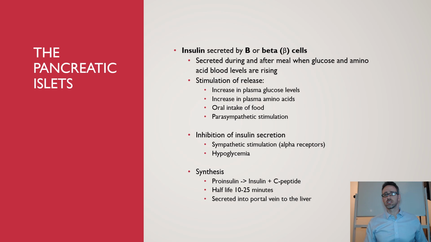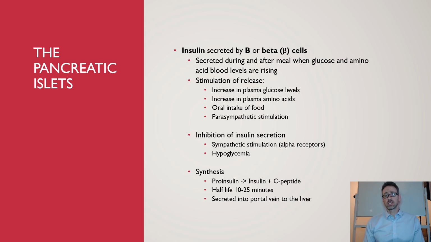In terms of insulin synthesis, it's produced in the beta cells as proinsulin, and as it's packaged and stored inside those beta cells, it's cleaved into insulin plus its connecting peptide, or C-peptide. It has a half-life of about 10 to 25 minutes, and, as I mentioned earlier, it's secreted into the portal vein, which means that insulin flows through the liver first.